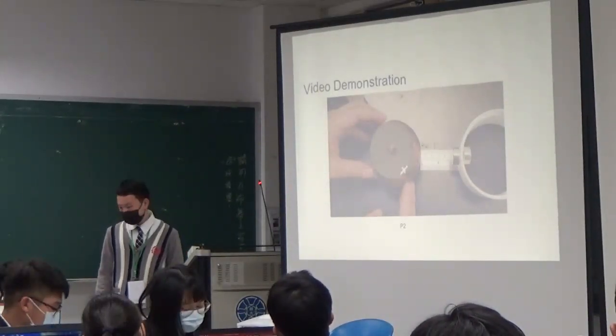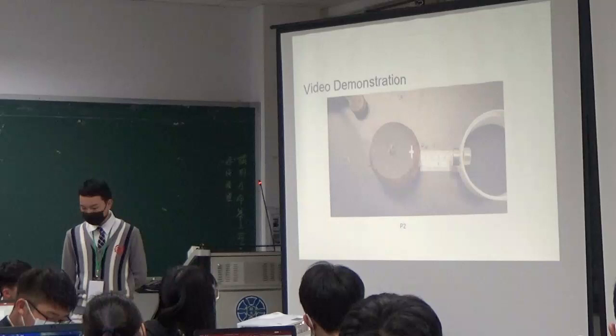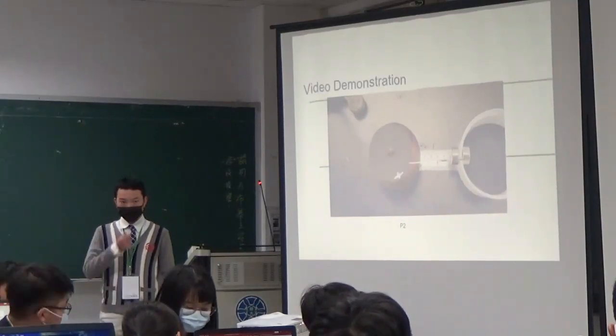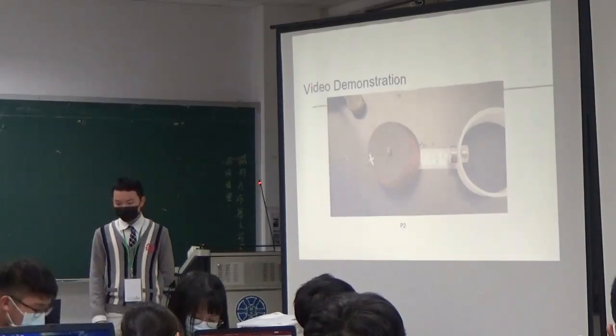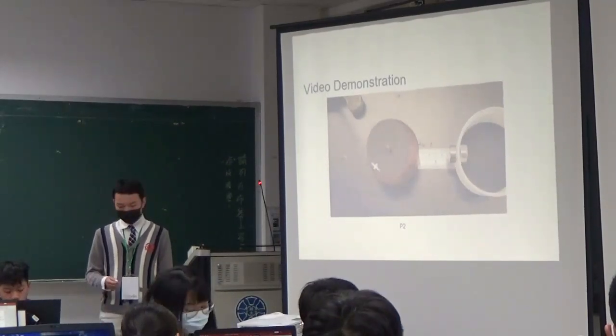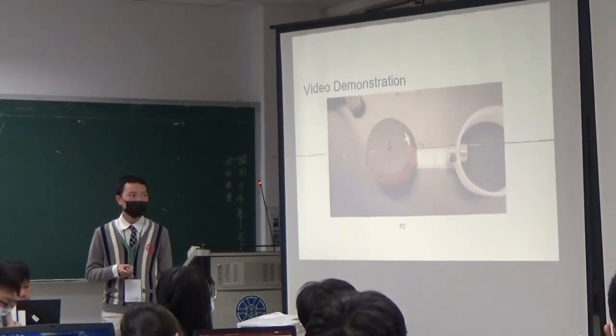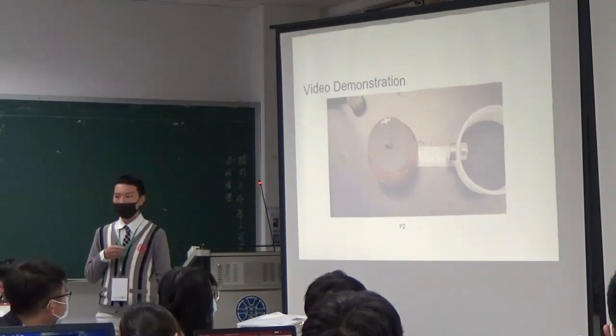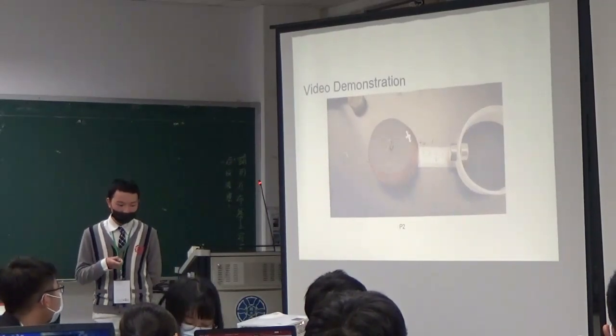So this is a video of the experiment. From the video demonstration, we release the ball by hand, and of course people will say that it causes a little bit of error.